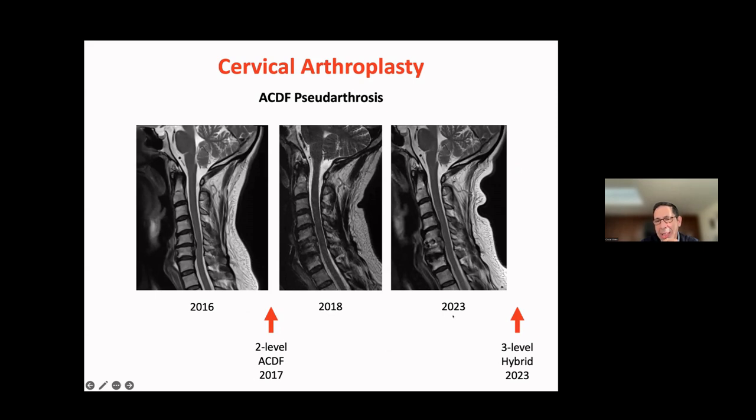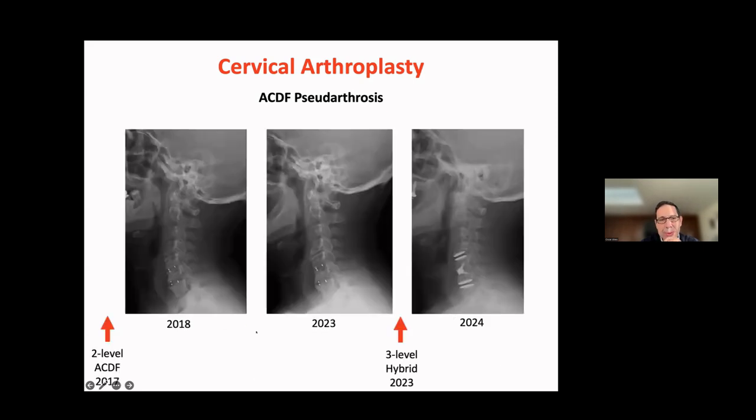It came to me, and I did a 3-level hybrid surgery in 2018, and I replaced one of the cages where pseudoarthrosis was seen with a disc prosthesis. The other one was not possible.